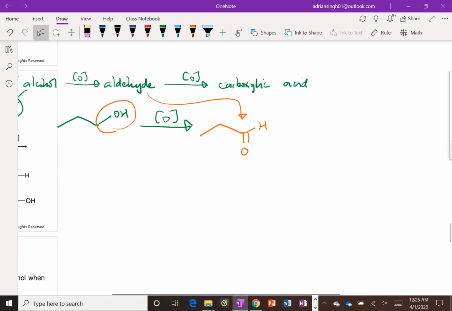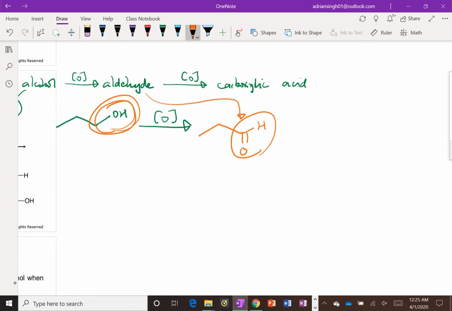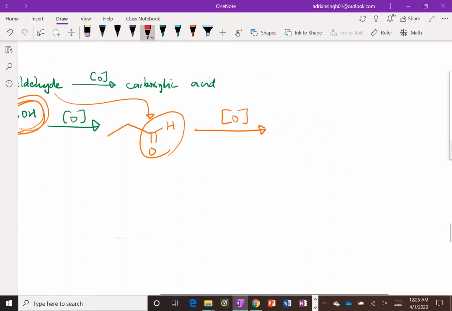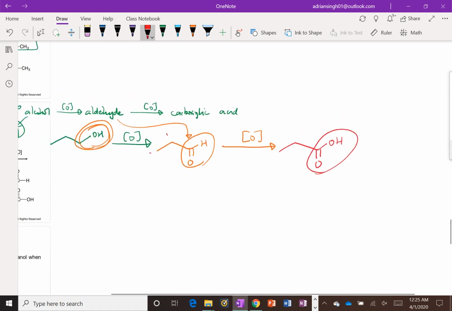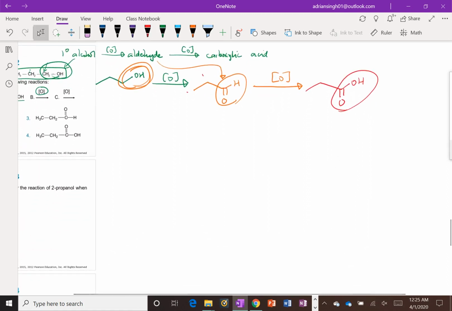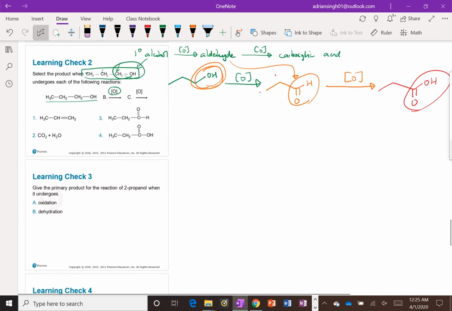All I did was just change this part of it to the aldehyde functional group. If I oxidize it further, again, that's the only part of the molecule that's going to change. I'm still going to have 3 carbons. Now I'm going to change the functional group to a carboxylic acid. That looks like that. All right, so you have a 3 carbon carboxylic acid being produced.